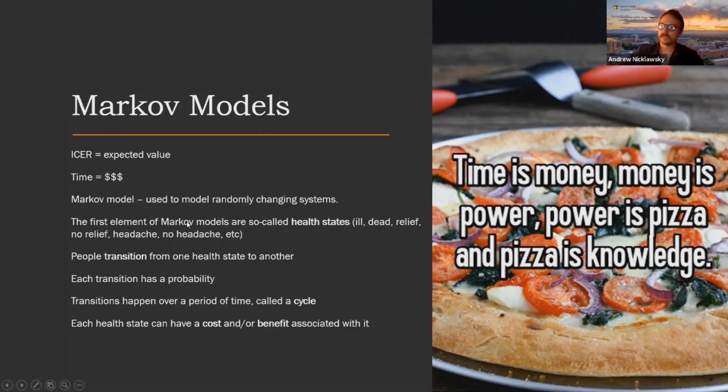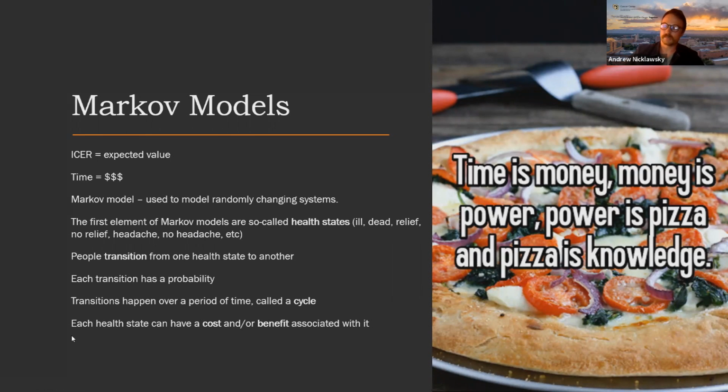So the Markov model itself is used to model randomly changing systems. In our context, we want to take into account time when thinking about these interventions. So we want to use a Markov model to define different health states, such as being ill or dead, getting relief or no relief, headache or no headache. In doing so, it will allow people to transition from one health state to another.